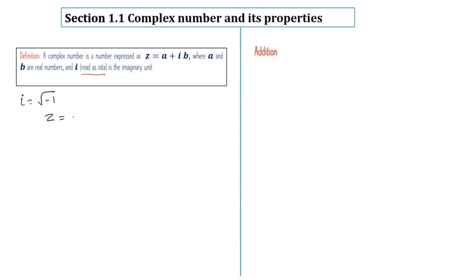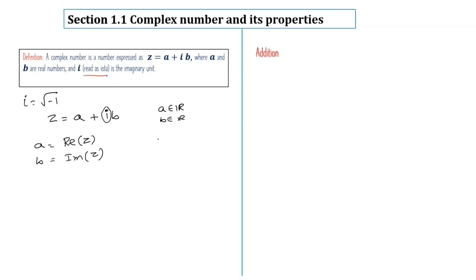So a complex number then can be written as z is equal a plus iota b, where a belongs to R and also b belongs to R. A and b further can be written as a is equal real of the complex number z and b is equal imaginary of complex number z.